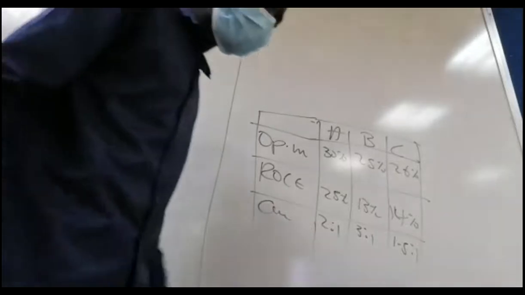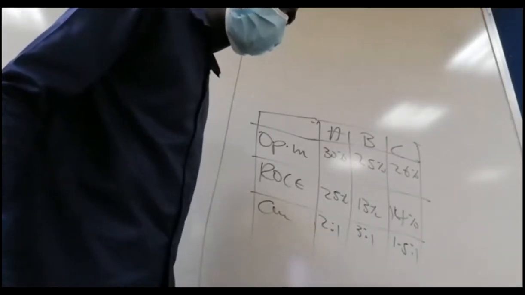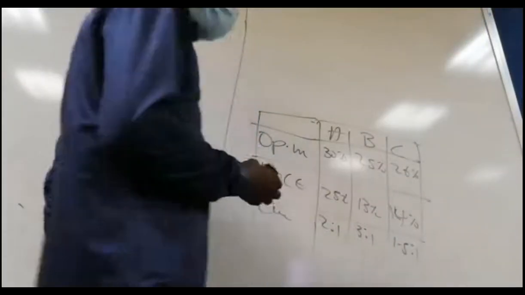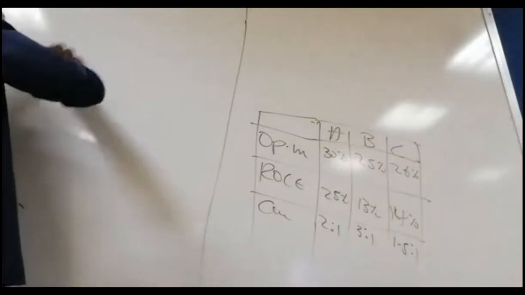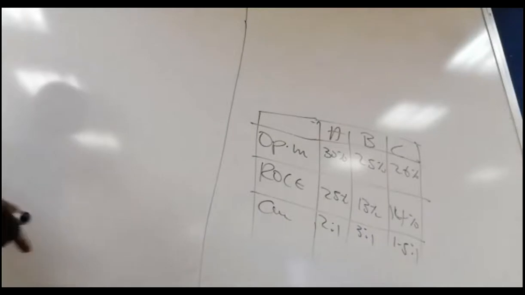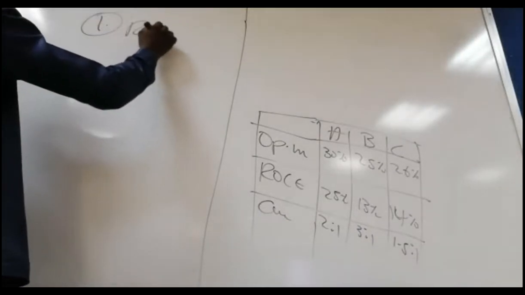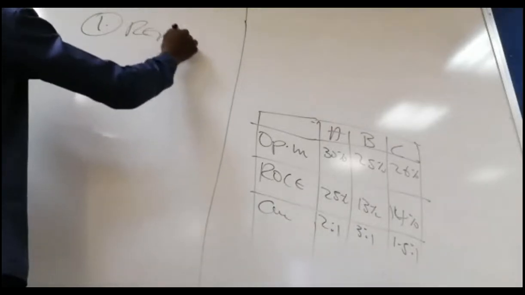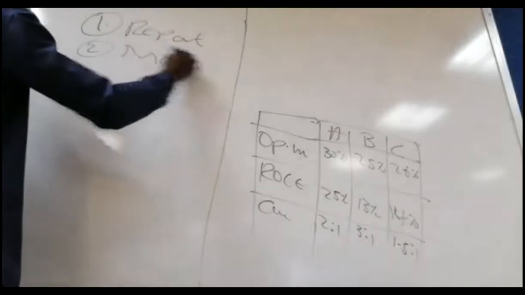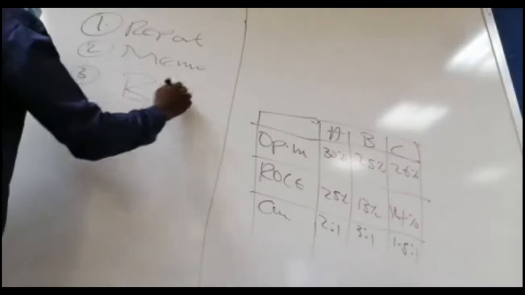So let's see how we will do that one. Report writing will take a form like this. It will not be just empty. One, it might be a report. Two, memo. Three, briefing paper or briefing note.